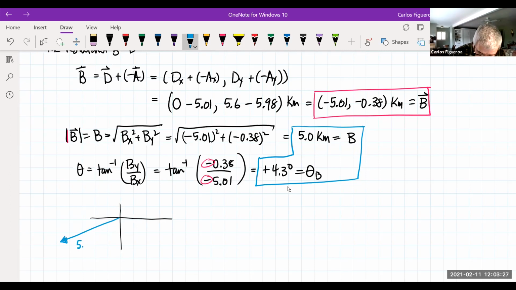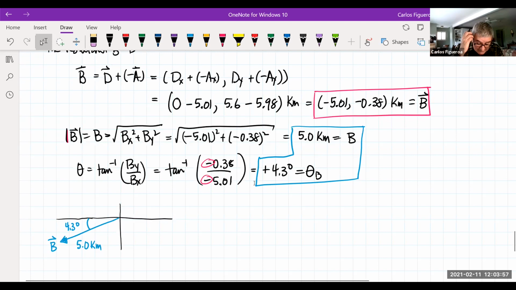It's 5.0 kilometers. But what about the angle? The angle, 4.3, is measured relative to the negative x-axis, which is 4.3 degrees. And this is my vector B. And that's the right way.